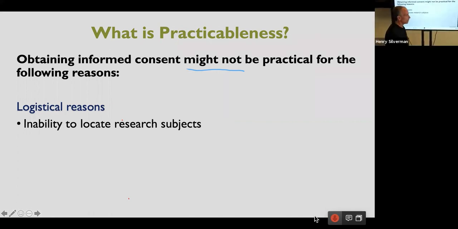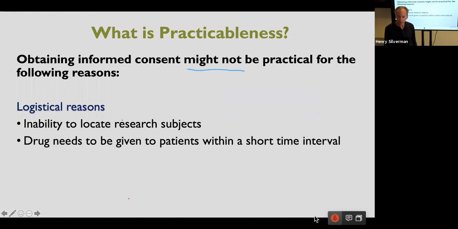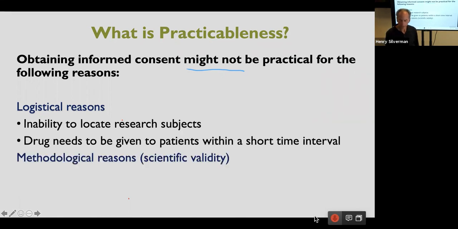For example, it may be difficult to locate the participants for the last 10 years, okay? Also, in some research, especially in research with critically ill patients, you need to give the drug right away. This is almost similar to emergency research, and there may not be time enough to contact family members.